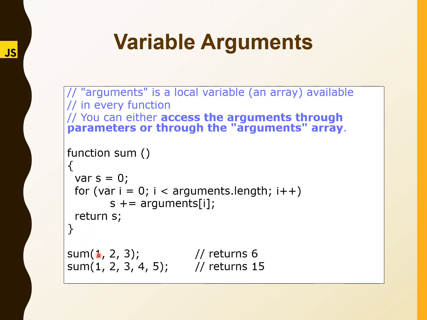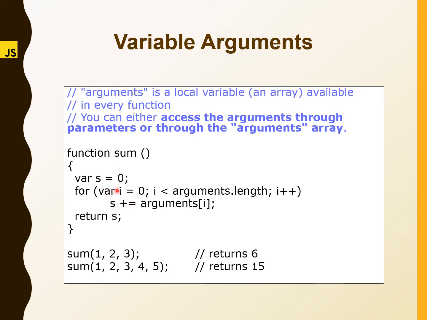So 0 plus 1 is 1, and s has value 1. Then the next value of i is iterated, that is i = 1. It is less than arguments.length, which is 3, so 1 is less than 3. So s += arguments[1]. Already s has value 1, so 1 plus 2 equals 3. So s has the value 3 now.